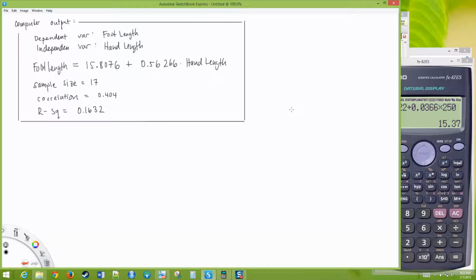Foot. The length of a foot, okay? Someone's foot length. So what we've done is we've interviewed how many people? 17 people. And we asked them, how long is your hand? Okay, so somehow we've defined how to measure hand length. We asked them, how long is your hand? And then we also measured, how long is your foot?